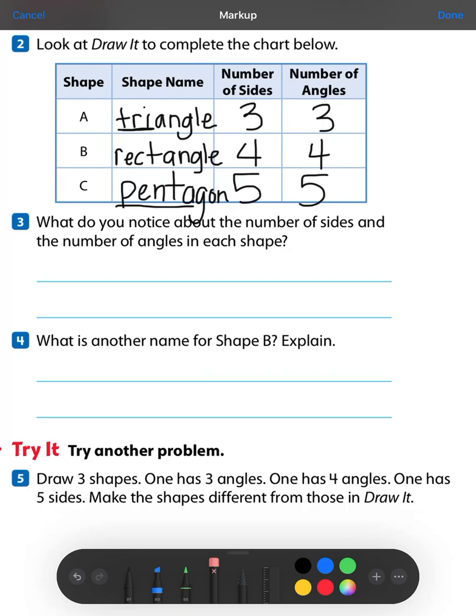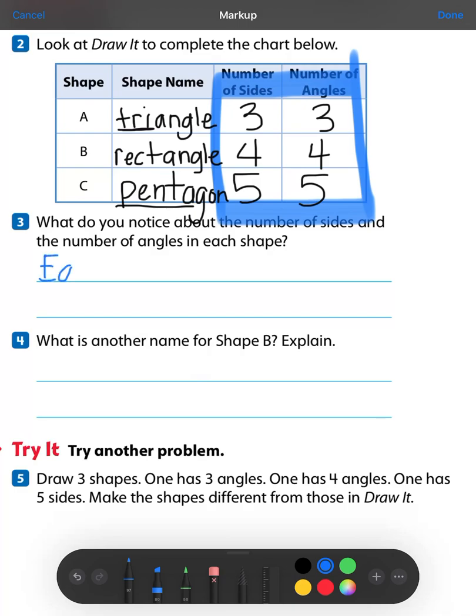Let's look at number 3. What do you notice about the number of sides and the number of angles in each shape? What do you guys notice? We have 3 sides, 3 angles, 4 sides, 4 angles, 5 sides, 5 angles. I notice that the number of sides and the number of angles is the same. So I'm going to write that.